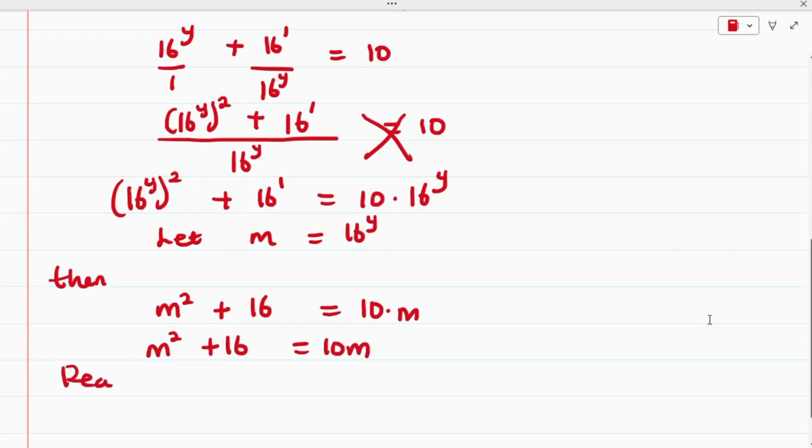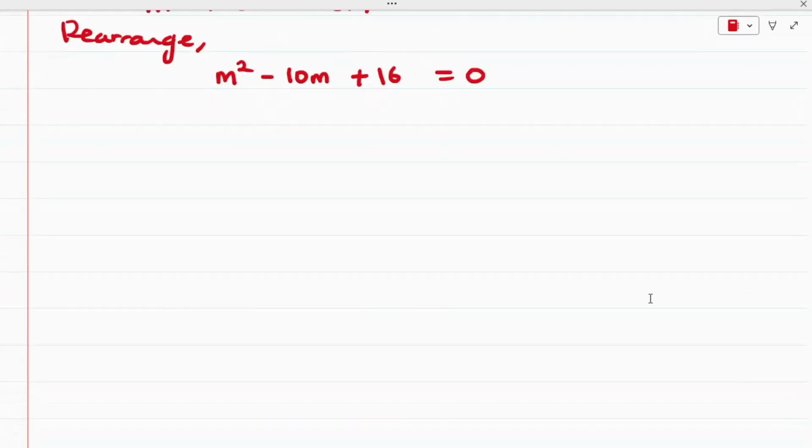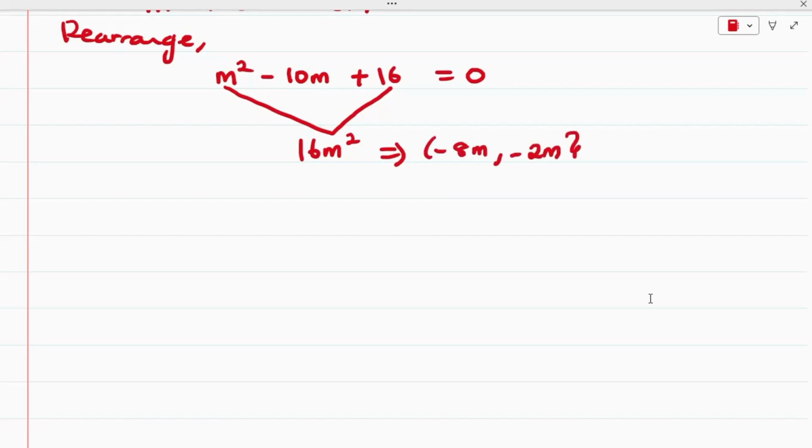The next thing we want to do is simply rearrange and set the equation to 0. We have m squared minus 10m plus 16 equals 0. From here, if we take the first and the last term and multiply them, we have 16m squared. So you think of two numbers that multiply to give 16m squared and add to give minus 10m, and the numbers that come to mind are minus 8m and minus 2m.